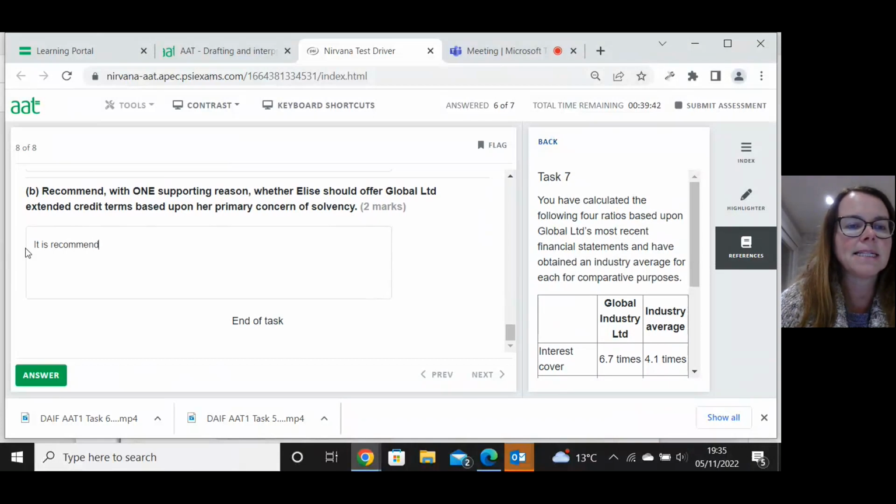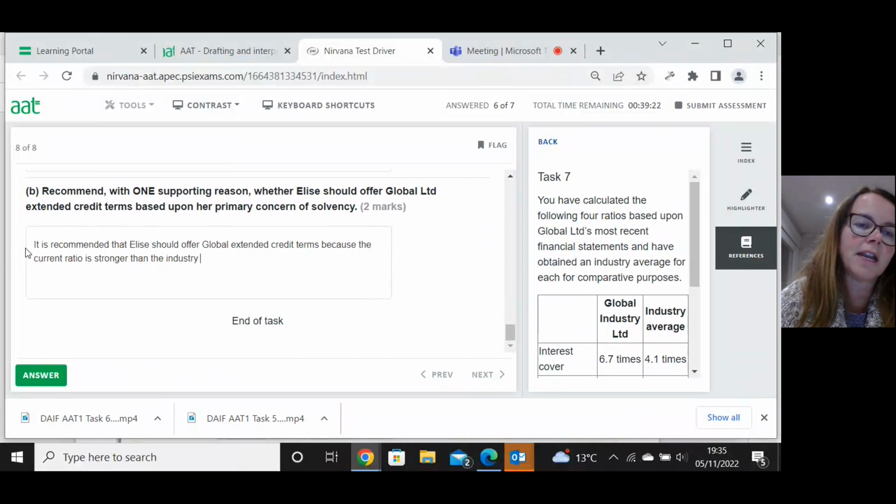It is recommended that Elise should offer Global extended credit terms. So there's 1 mark for saying yes, because the current ratio is stronger than the industry average at 3:1, and this is the best indicator of solvency.